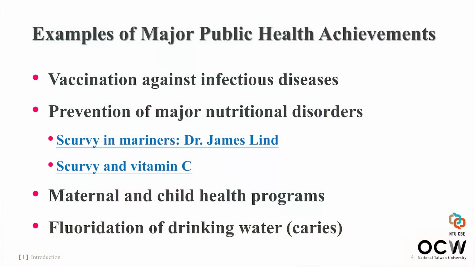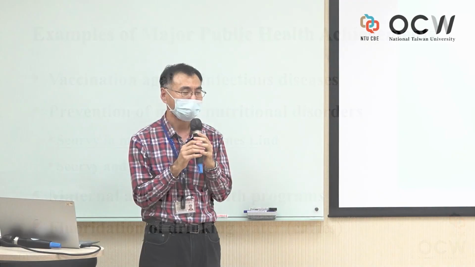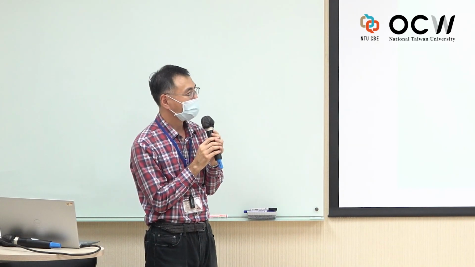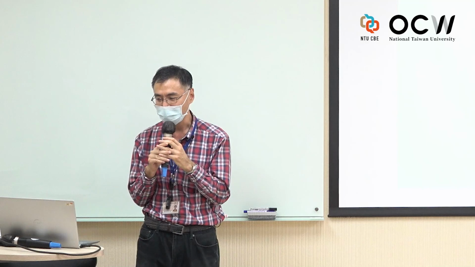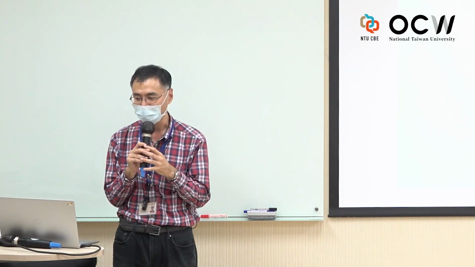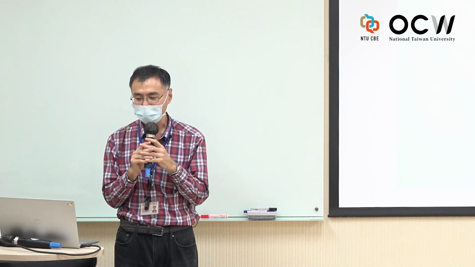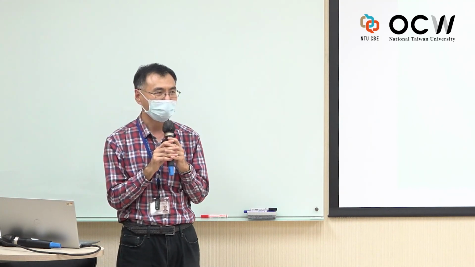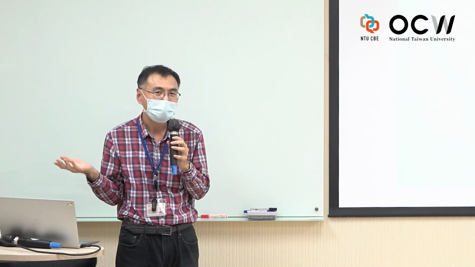Okay. So I can raise tons of examples about major public health achievements. The typical one is vaccination against infectious diseases. Nowadays, it's true that at least a certain part of infectious diseases could be easily or mostly controlled by vaccination, like measles, right?